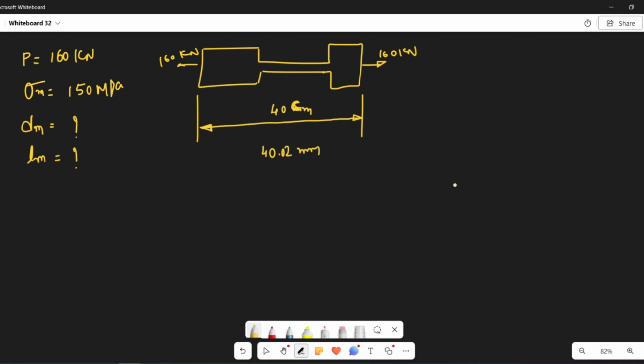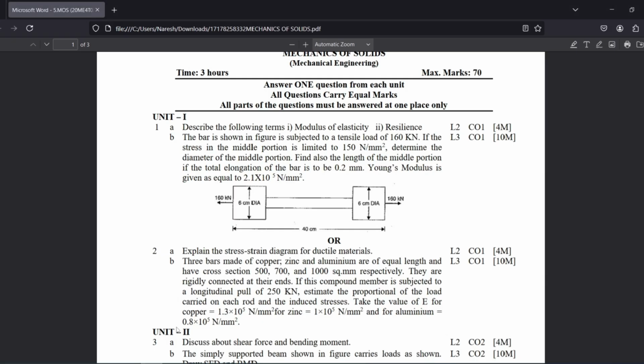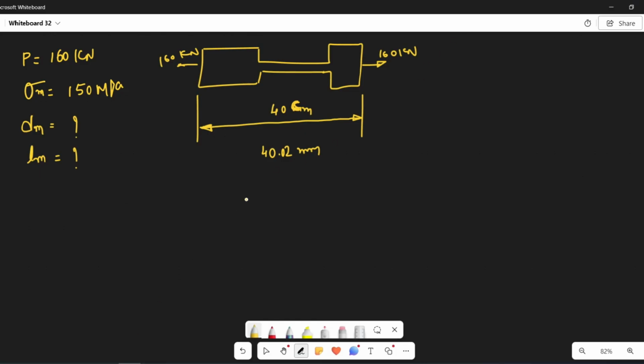So 0.2, because the total elongation is limited to only 0.2 millimeter, obviously.